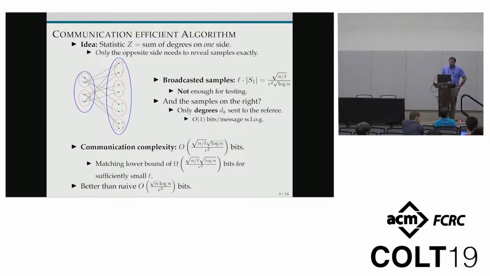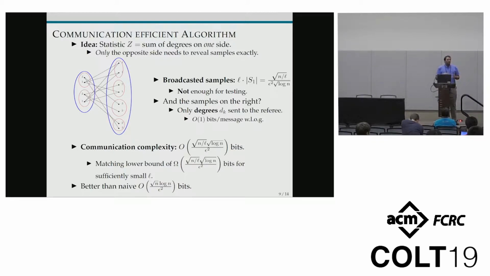Okay. So now, how can we exploit this model? How can we do something better in this model? The main idea is that our statistic, as I said, is the number of edges, and you can view this as the sum of the degrees on one side of the graph. To be able to compute the statistic, you don't need to know exactly what the labels of all the nodes in the graph are.